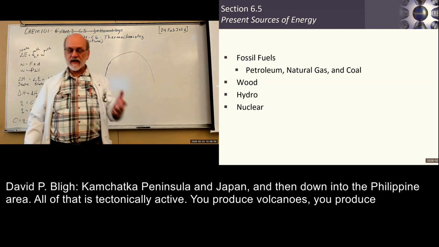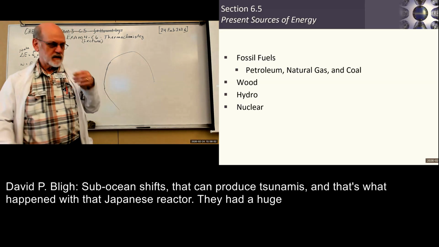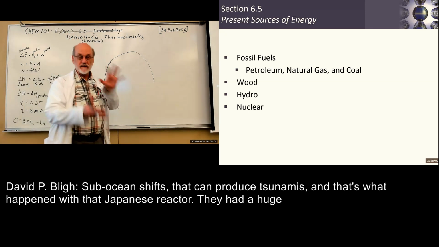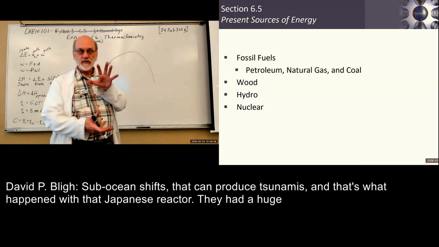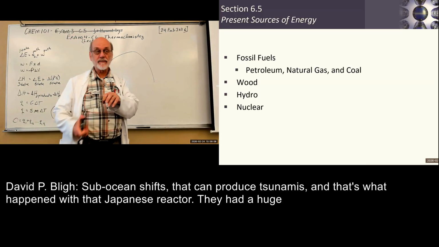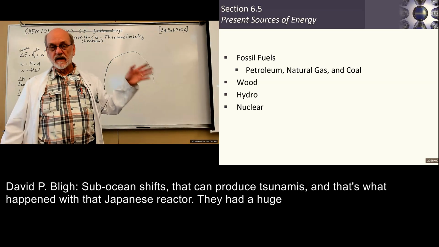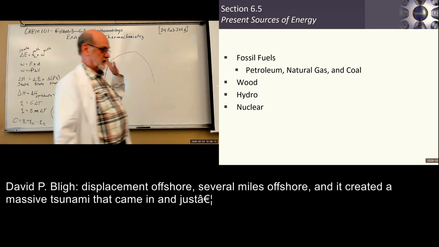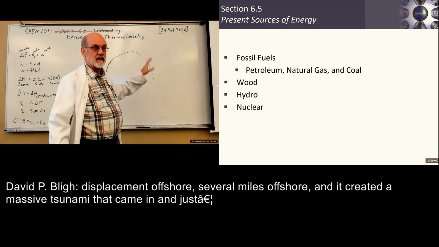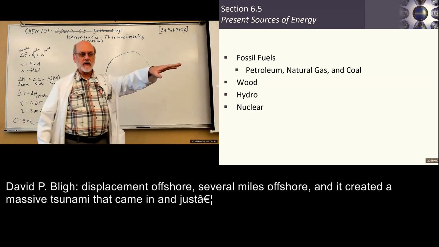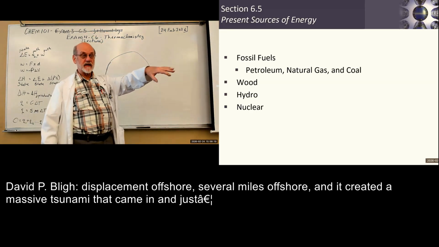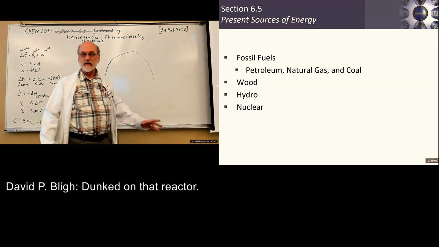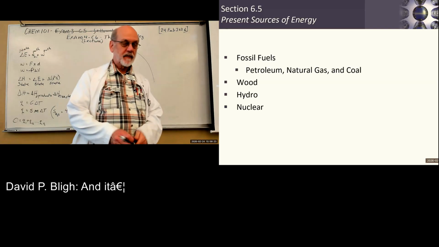You produce volcanoes, you produce sub-ocean shifts that can produce tsunamis. And that's what happened with that Japanese reactor. They had a huge displacement offshore, several miles offshore, and it created a massive tsunami that came in and just dumped on that reactor.